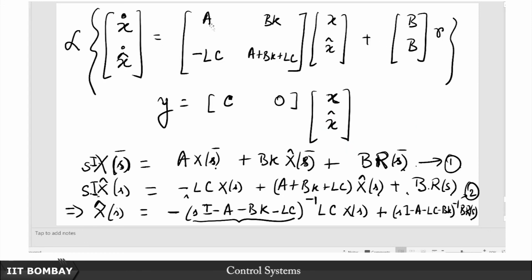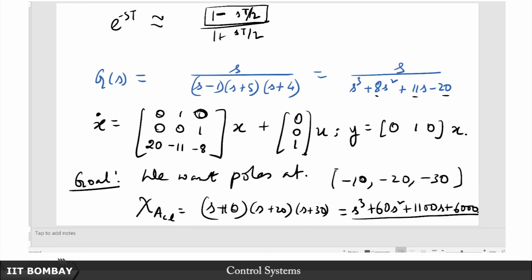So, you have A and you have B k and you have minus L c and A plus B k plus L c, right. So what we have here is again A, B k, minus L c, A plus B k plus L c, right.